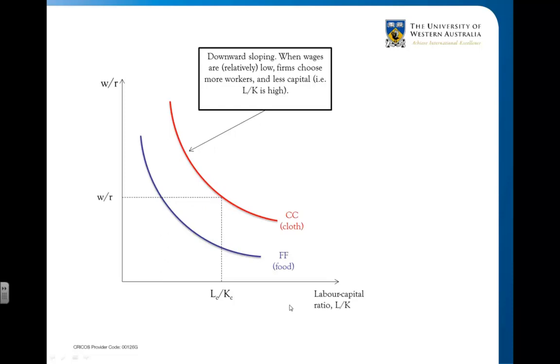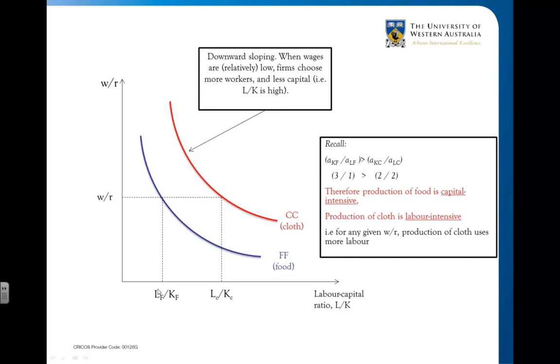Now I've also got here the food, and you can see that the food curve is to the left of the cloth curve. The reason is that for a given relative factor price ratio, the food is going to use relatively less labour and more capital.